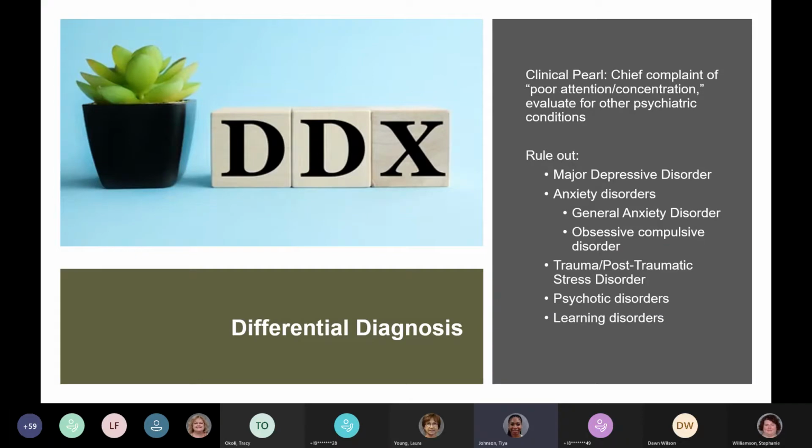Another anxiety type disorder is obsessive compulsive disorder, and the obsessions that patients have can interfere with their ability to concentrate, especially if they aren't able to do the compulsions to lessen the obsessions. So again, just because someone comes in with the inability to focus does not necessarily mean that it's ADHD through and through.